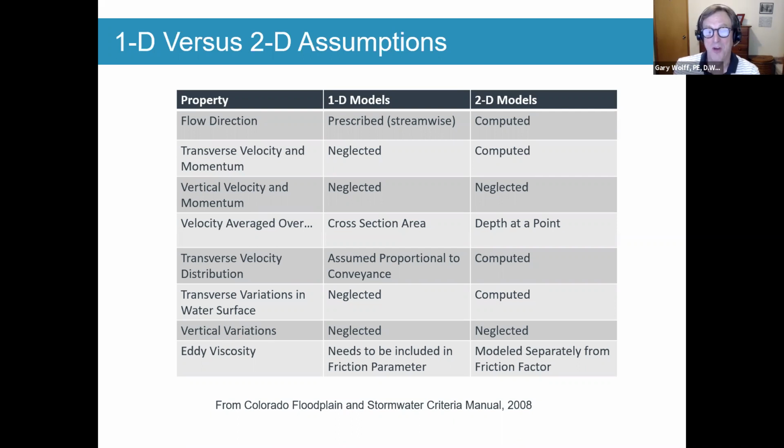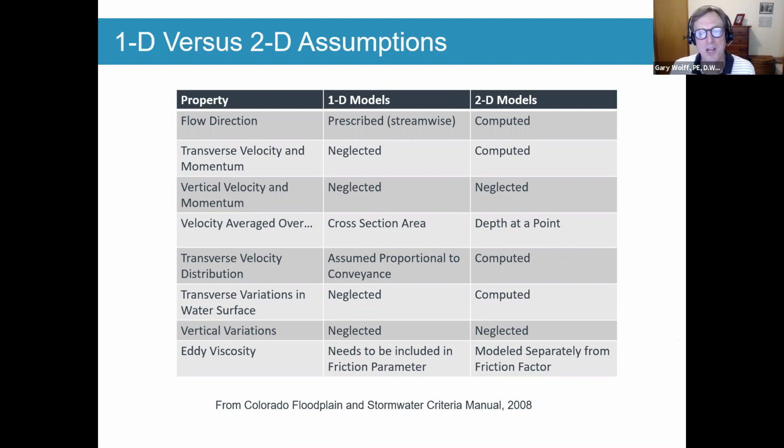So I'm going to make a case here that two-dimensional modeling is becoming a lot more mainstream for projects like this, and you're going to see that a lot more in the future because the models are so much easier to use. I'll even make a case that there are a lot of situations, even like the one I'm presenting here, where setting up the model and running it can actually be easier in two-dimensional than one-dimensional.